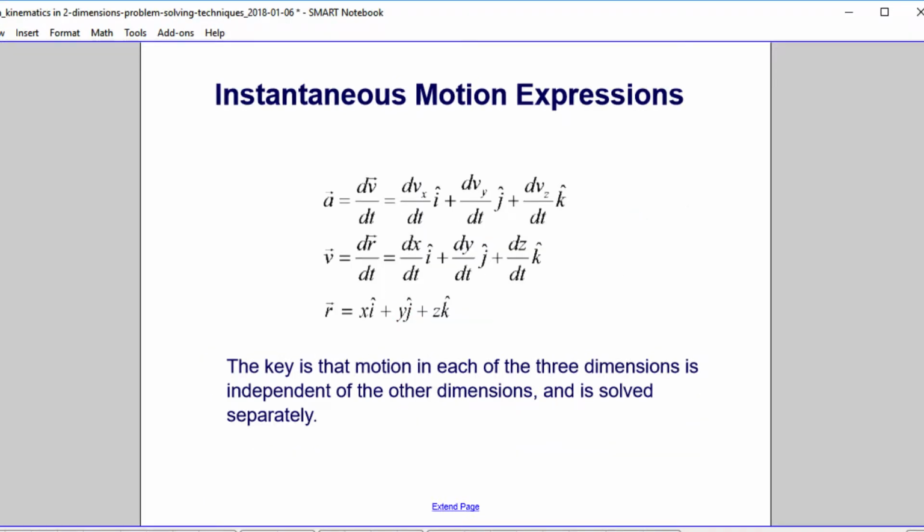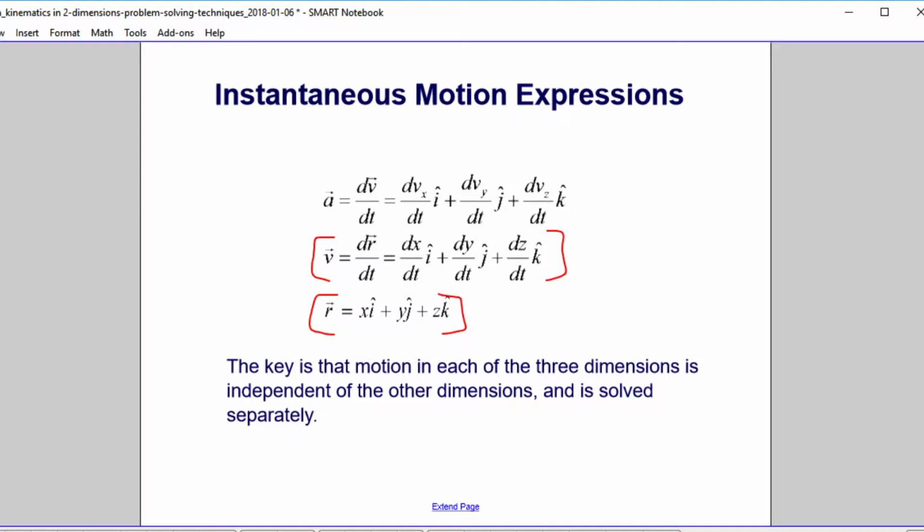From the position vector r down here, we can then build instantaneous motion for velocity and acceleration by going up the ladder here. v will be the first derivative of the position vector, which is dx/dt i hat plus dy/dt j hat plus dz/dt k hat.